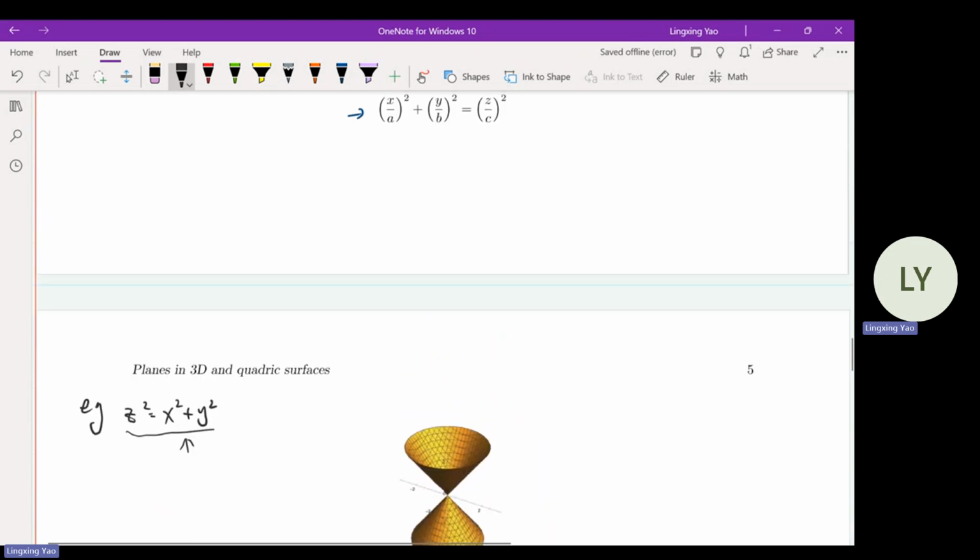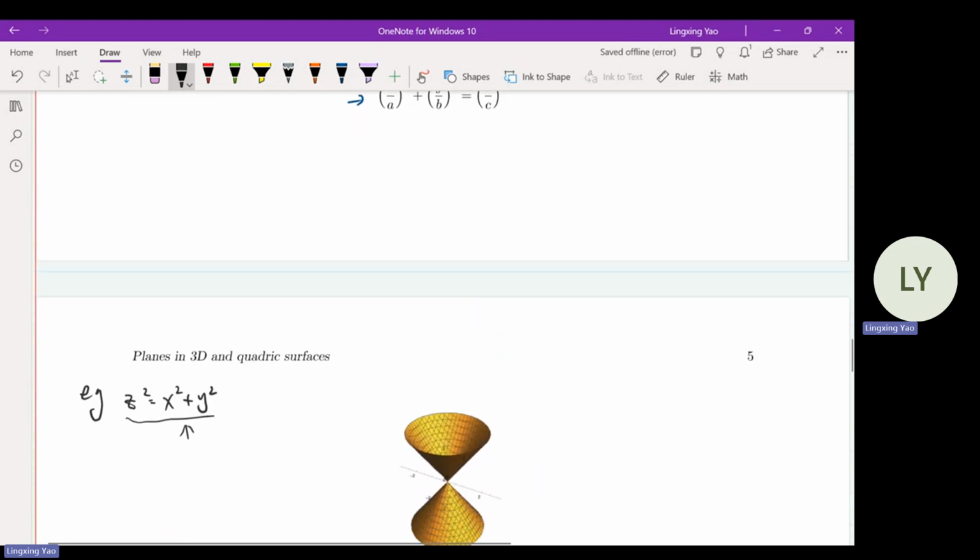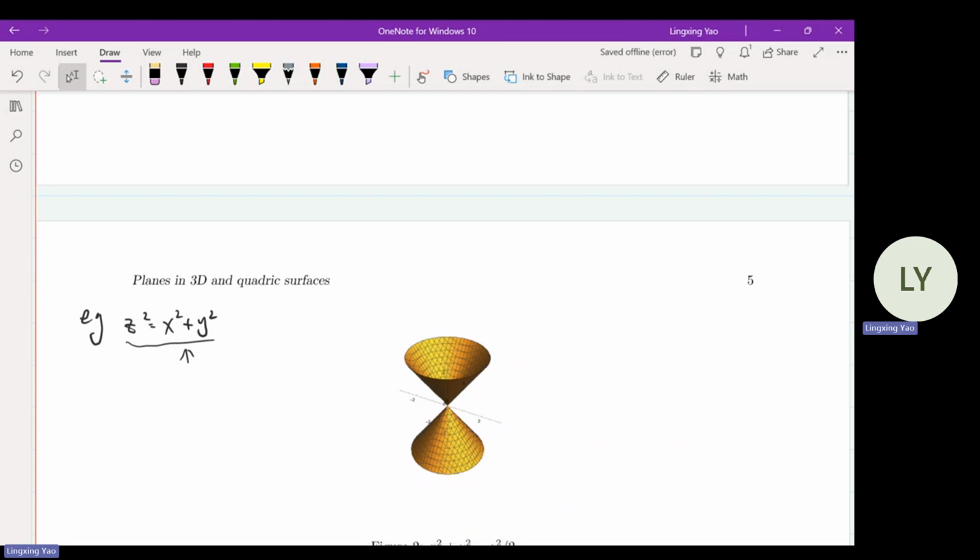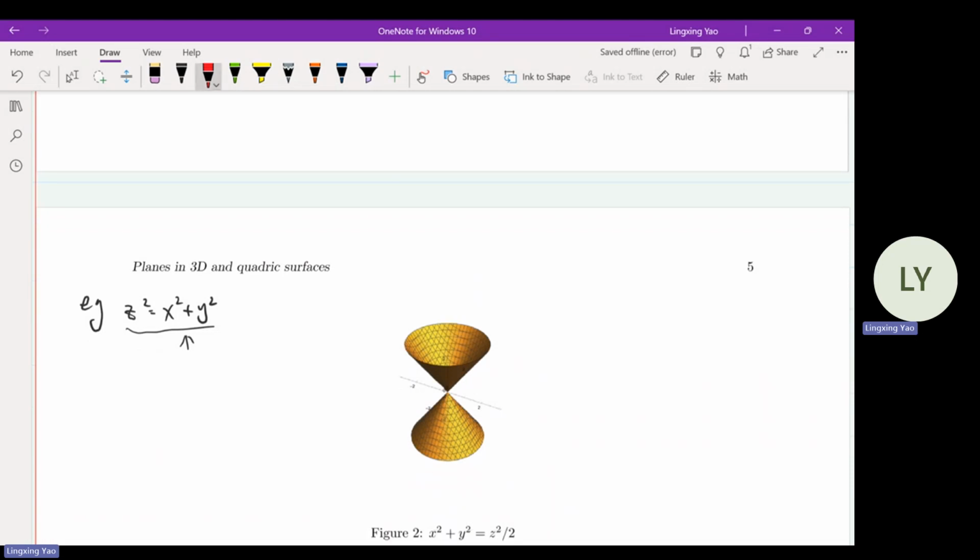And how do you visualize those cones? One thing you could think of is that you always want to start with something you're familiar with. Remember, x squared plus y squared. If you have a constant positive value equal to x squared plus y squared, then we would know it is representing a circle in the xy plane.